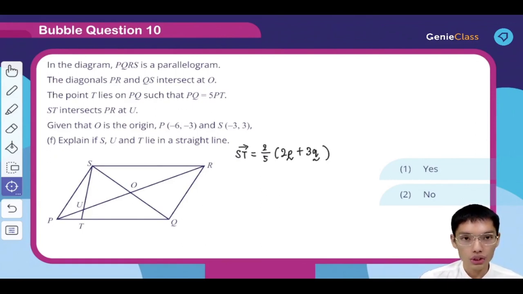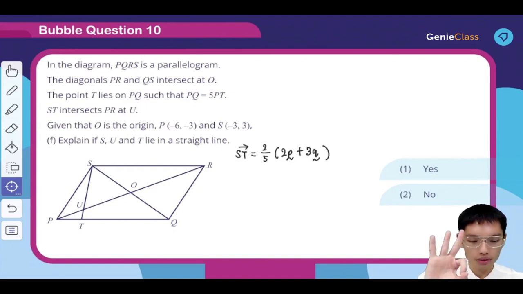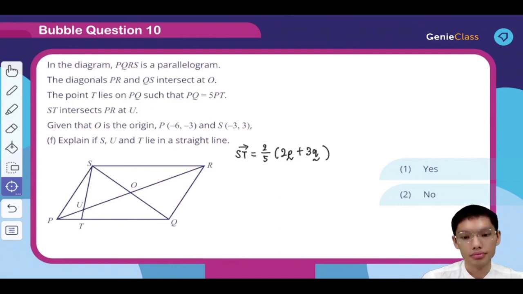Okay, look at the question carefully, with the diagrams over there. So launching the bubble launcher, take note. In 3, 2, 1. Let's go. Alright, that's good.